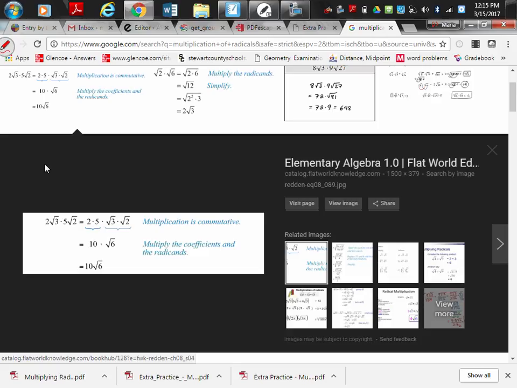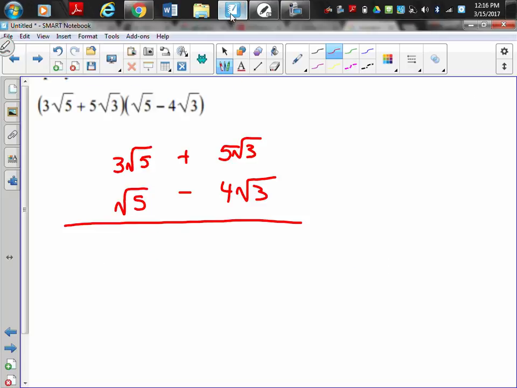And then you multiply what's under the radicals, and then simplify. So we multiply the coefficients, then multiply what's underneath the radicals. Alright, so let's go back over here and look at our problem.